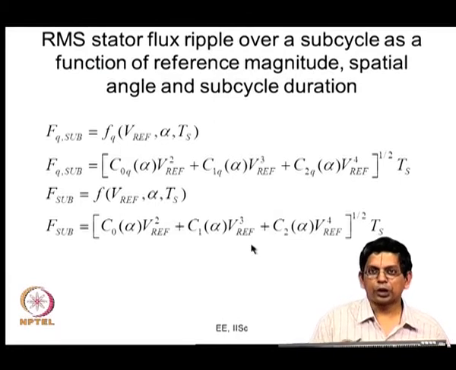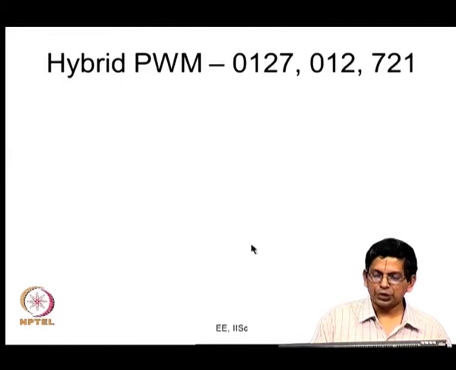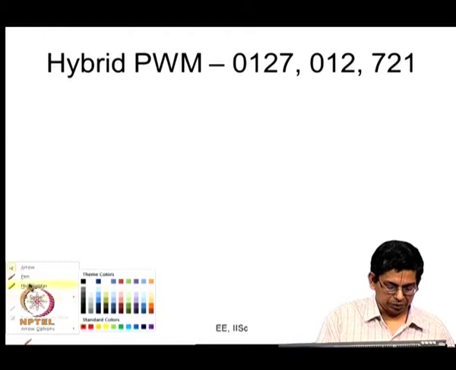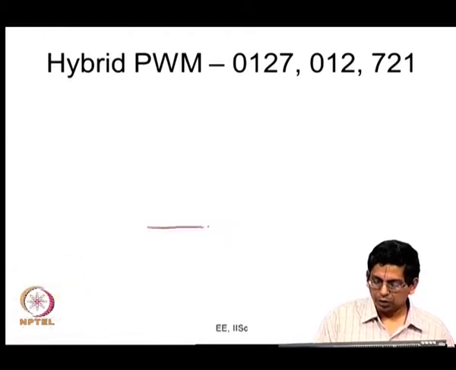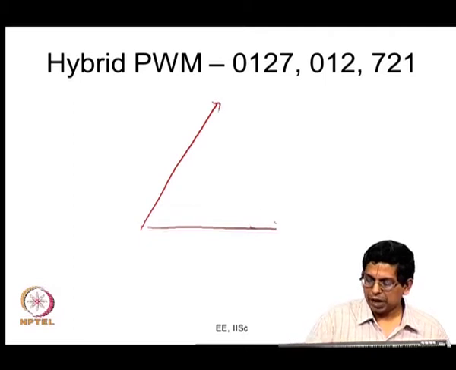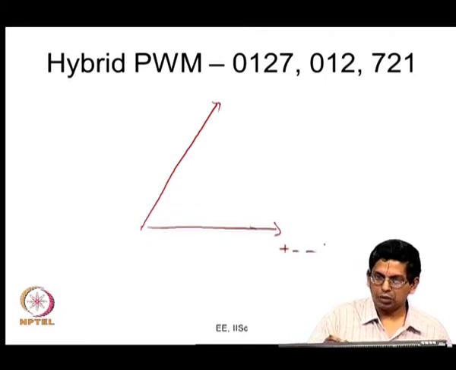It is possible for you to compute all this and compare them, and once you compare them, it is easy to generate many PWM methods. For example, you take your sector 1; this is your active vector 1, this is your active vector 2.